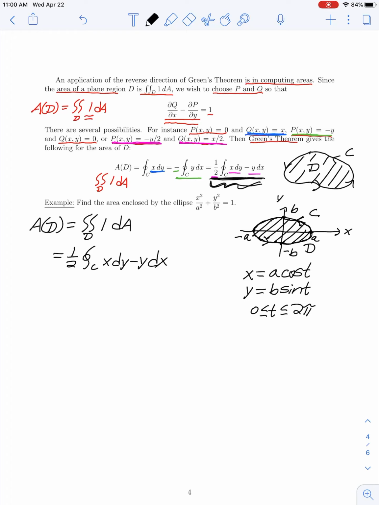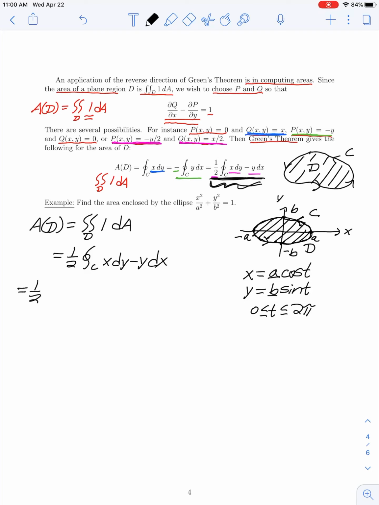It's similar to polar coordinates, but where we have different constants a and b, so that we have an ellipse rather than a circle. So now let's set up our integral in terms of t for this line integral.